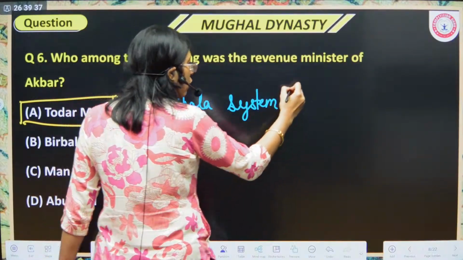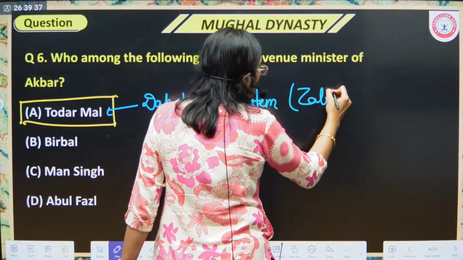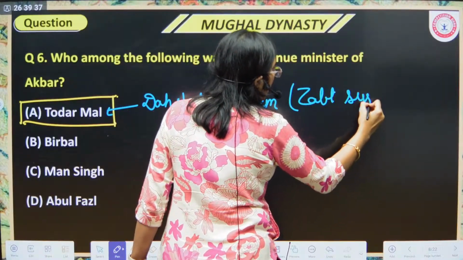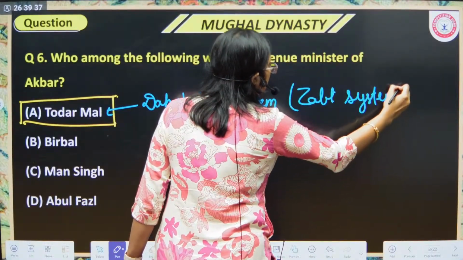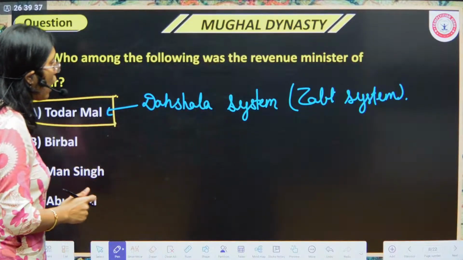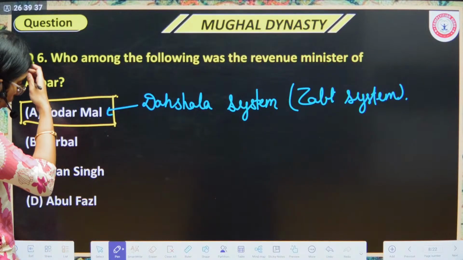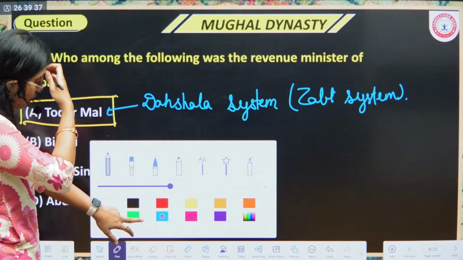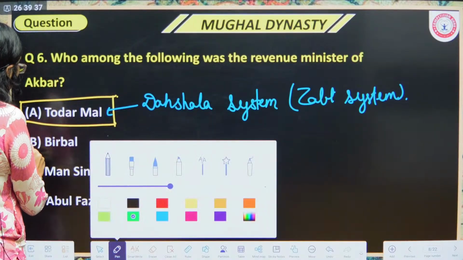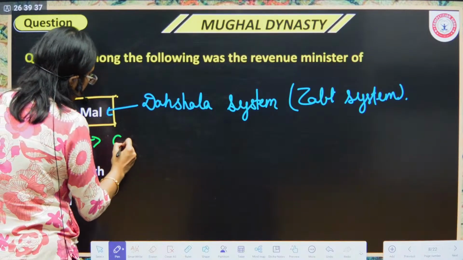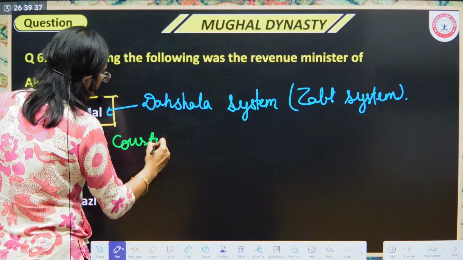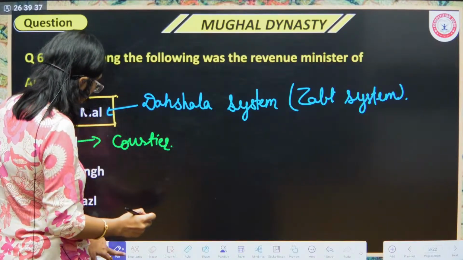It is also called Zabt system. Now we should understand what are the other options. First of all, Birbal. Birbal was a courtier, someone who stayed in the court.